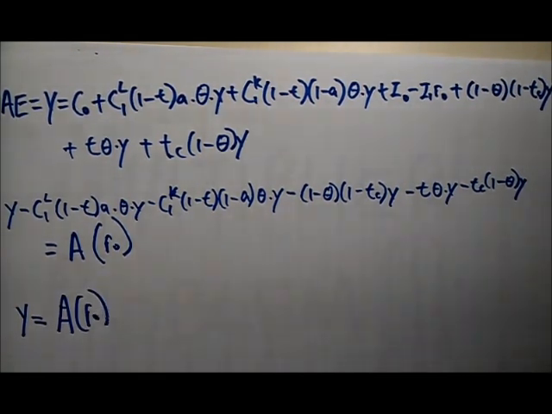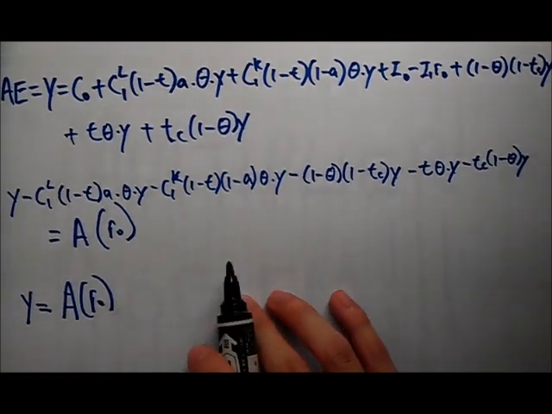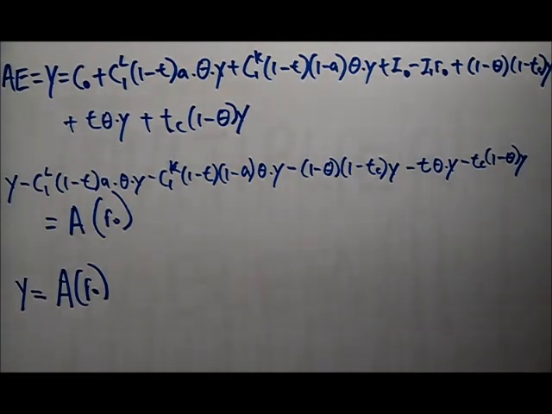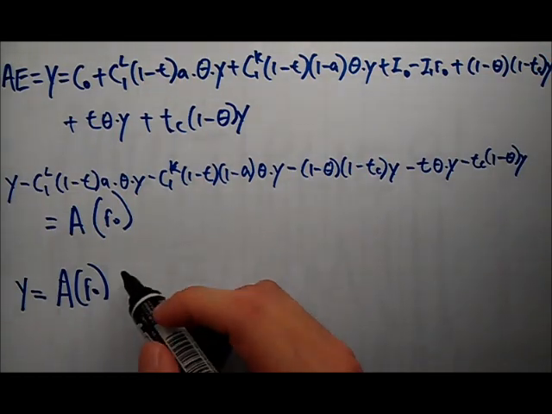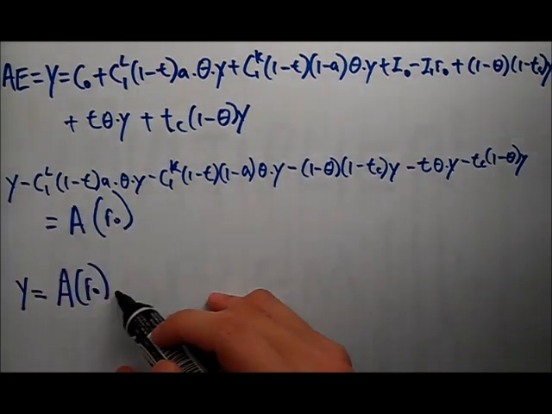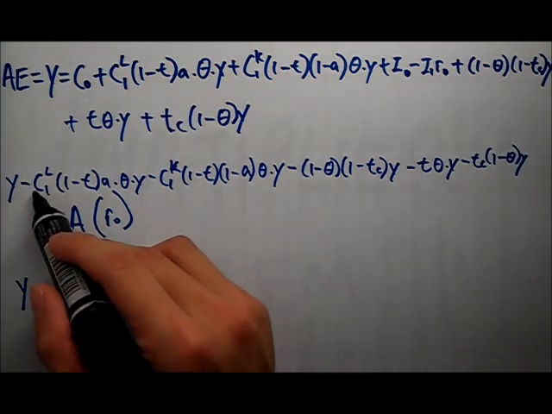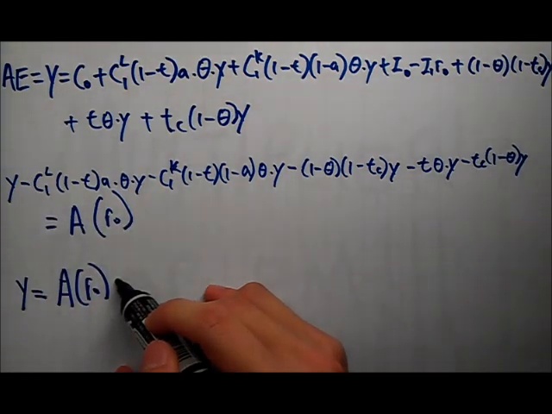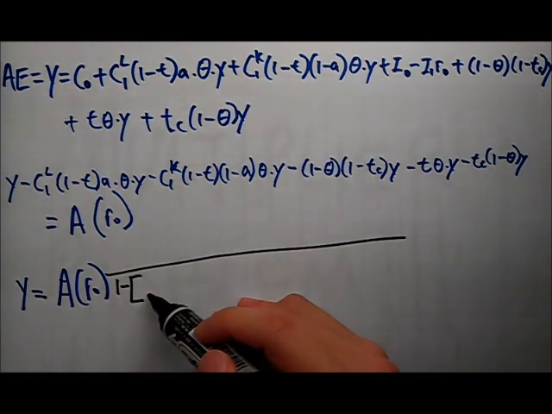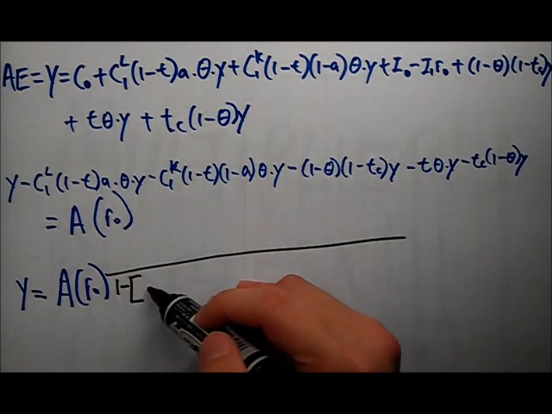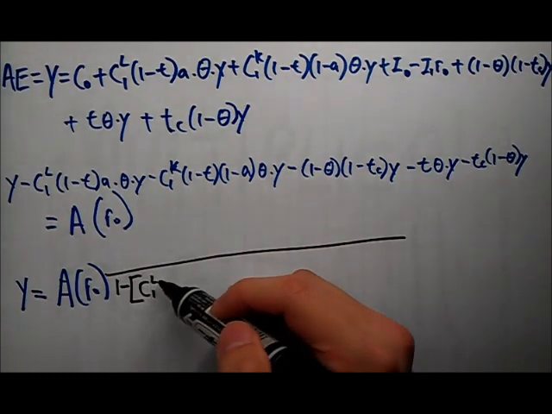Now we can focus purely on the multiplier itself. Let's use black for that. When we take everything out, if you don't know how to form the multiplier, please go back to the macroeconomic multiplier video and view how to formulate the multiplier. Now we have taken out y, and we're going to factorize the minus sign as well. So it's going to be divided by 1 minus bracket. Remember to write the bracket this way so that you don't confuse the C for the MPC part.